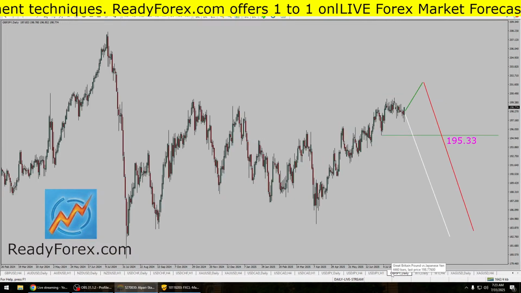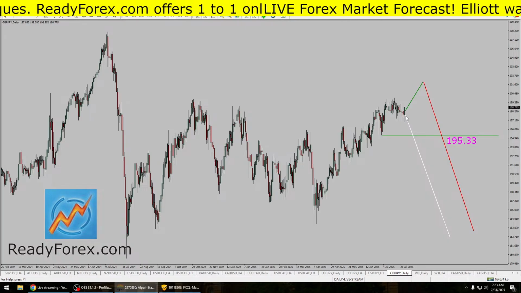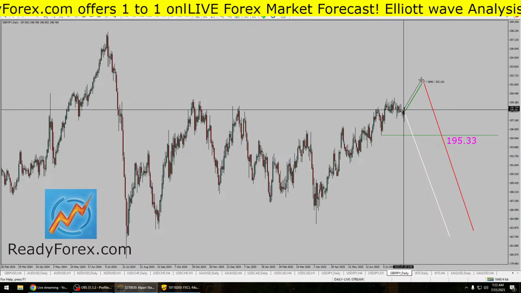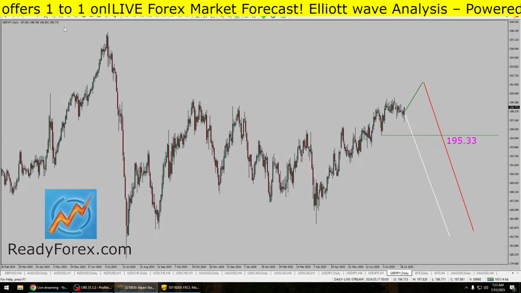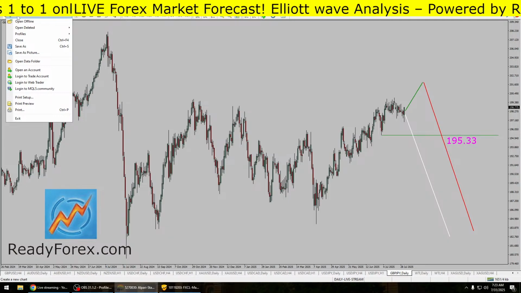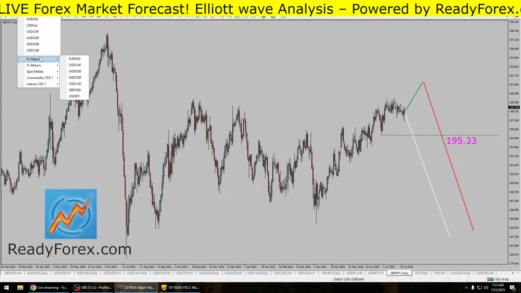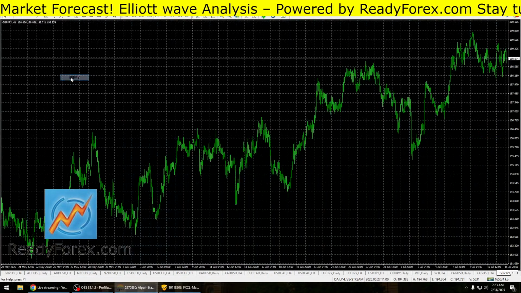Next one is the GBPJPY currency pair. My preferred Elliott wave count suggests price action is going to rise up more inside the GBPJPY currency pair. It's a high probability. Let us take a look at one more chart of the GBPJPY currency pair. Let me open up a chart.